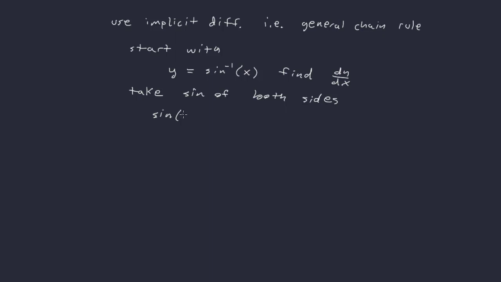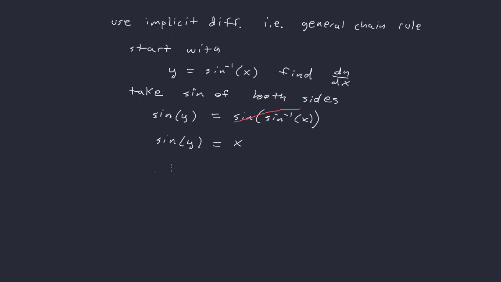We get sine of y, and here we get sine of sine inverse of x. We do that because the nice thing about inverse functions is that if you plug an inverse function into its inverse, so sine of sine inverse, they cancel. So we get sine of y is equal to x.